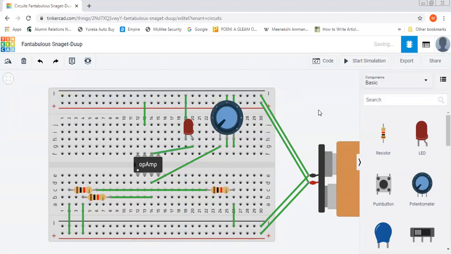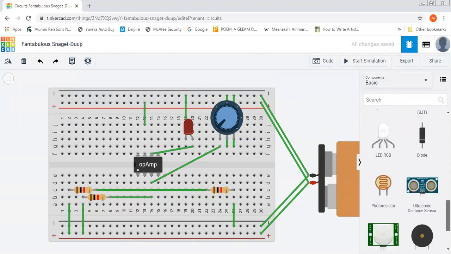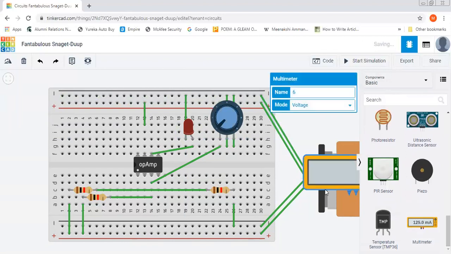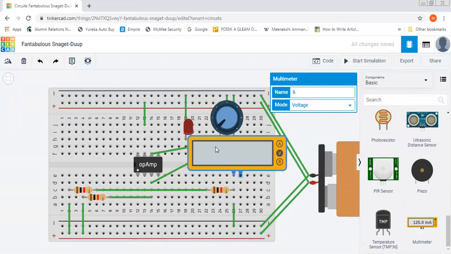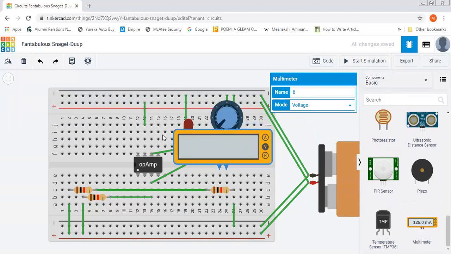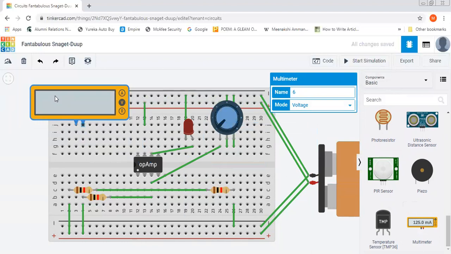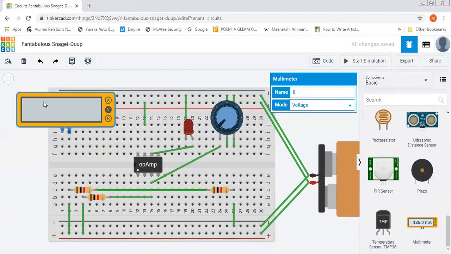To measure the voltages in this circuit, let us bring two voltmeters and place them here.